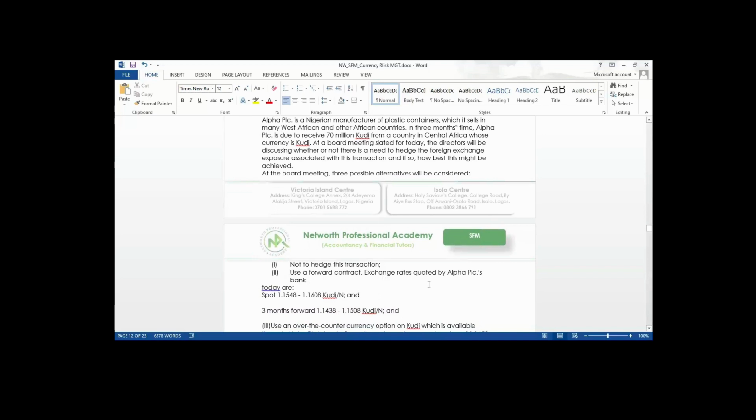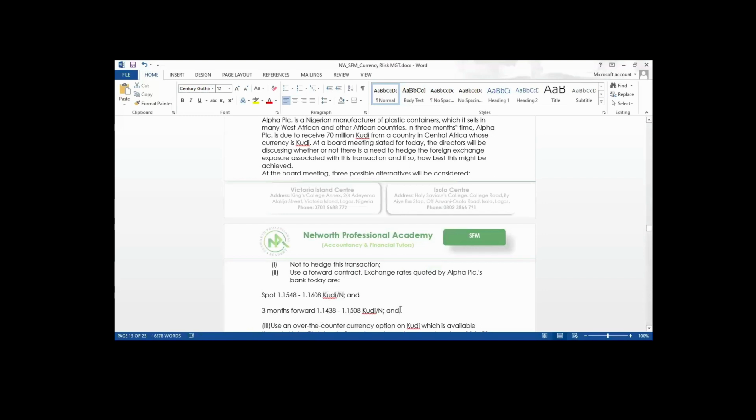Exchange rates quoted by Alpha PSC Bank today. The exchange rate today, that is the spot rate, look at it, 1.1548 to 1.1608 kudi per naira. 3-month forward rates also given in kudi per naira.